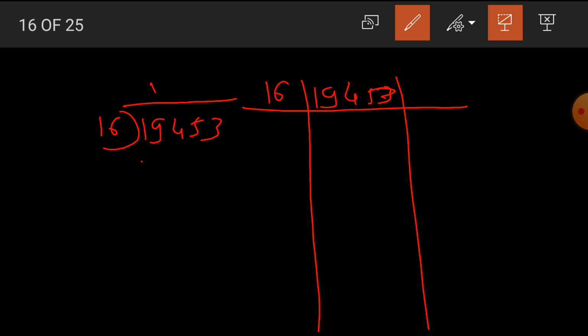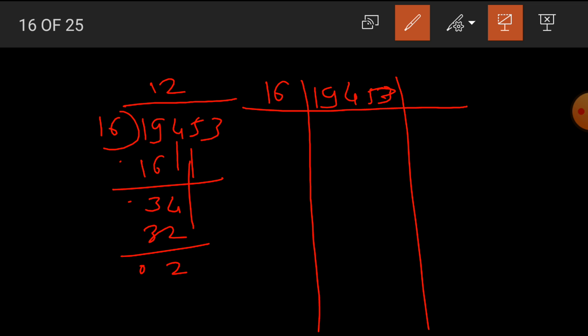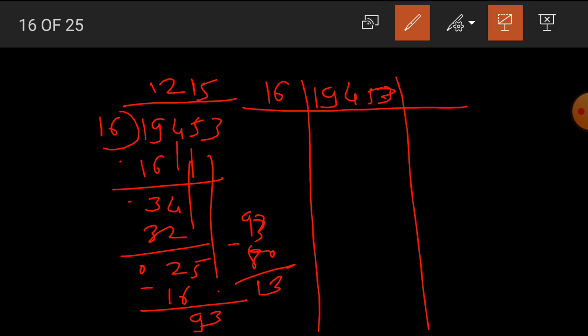The quotient is 1,215 and the remainder is 13.